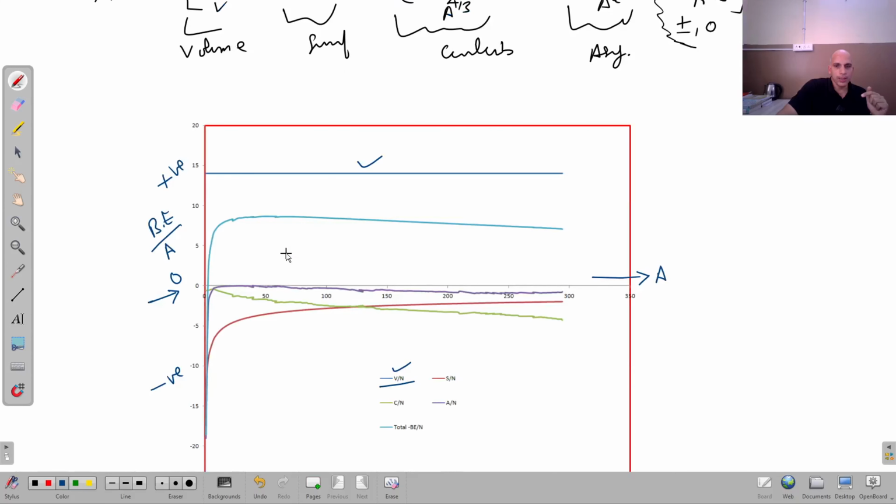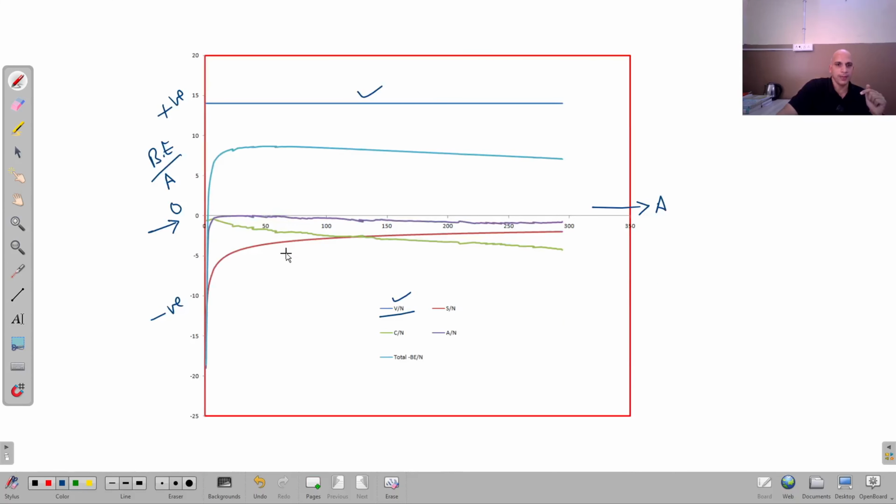Then this Coulomb energy term graph that we will get, this is the graph, Coulomb energy per nucleon. You can see here this one. This is the Coulomb energy graph.